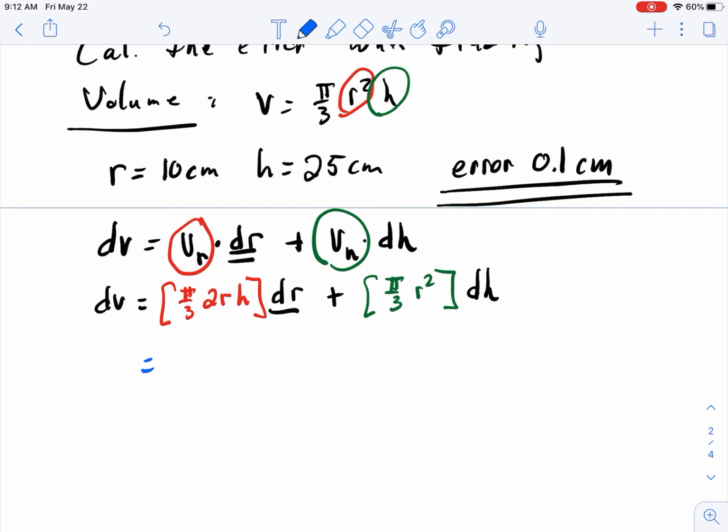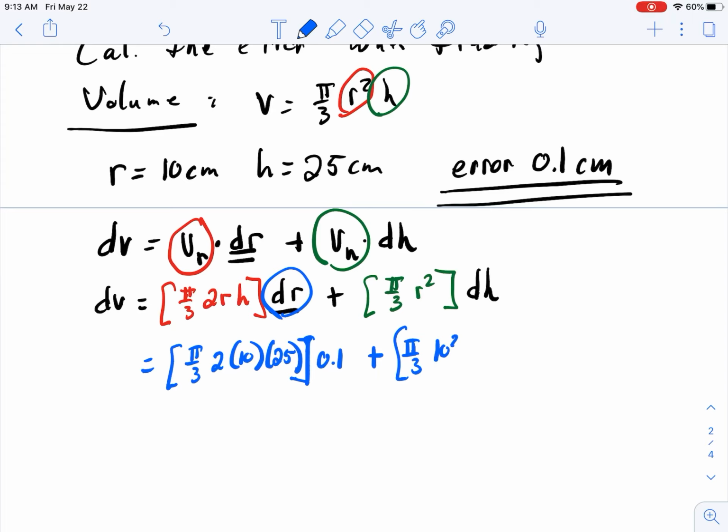All right, so plugging values in here, you would have pi over 3 times 2 times 10, my height is 25. Now, what is my error factor? My error factor between my radius and height would be 0.1, plus pi over 3.